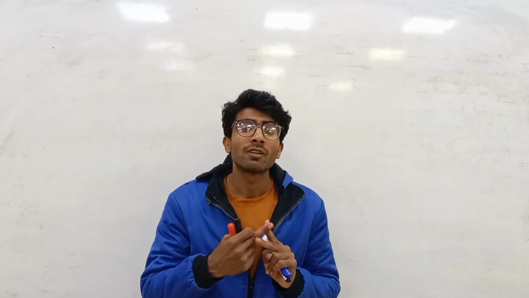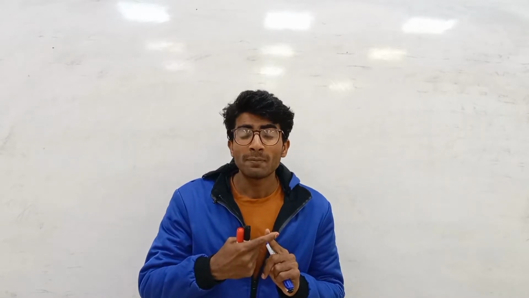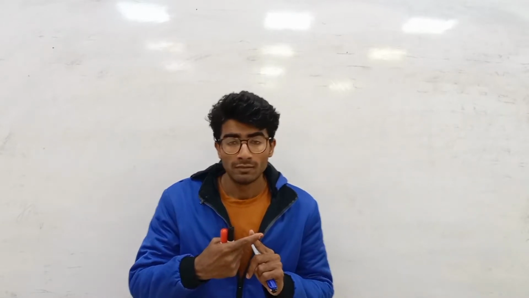Two layers of peritoneal cavity: one is parietal, one is visceral. The parietal layer is present near the abdominal wall, connected with the abdominal wall, but the visceral layer covers the organs in our abdominal region, in our abdominal area.